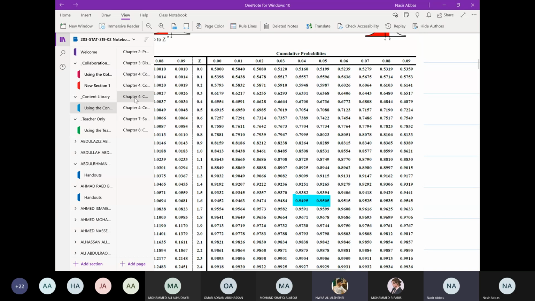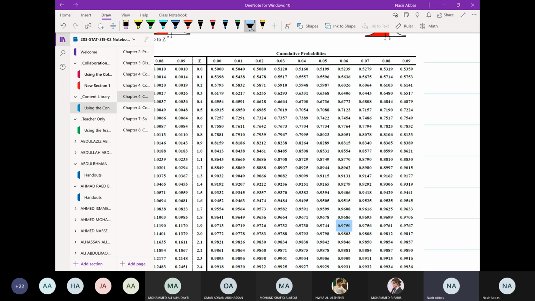Yes, Nawaf, 1.96. Yes, I'm going to highlight that. Let me try and find 0.975. I was lucky enough to get the exact value.